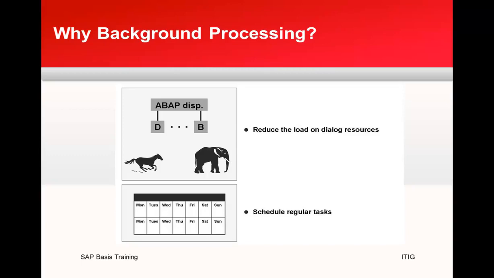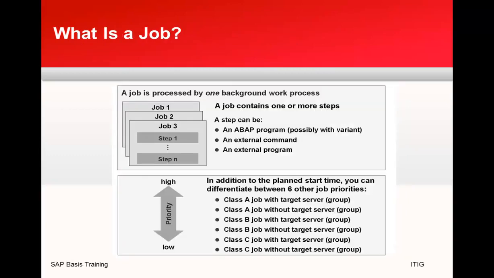Next, what is a job? A job is processed by one background job process, and a job contains one or many steps.